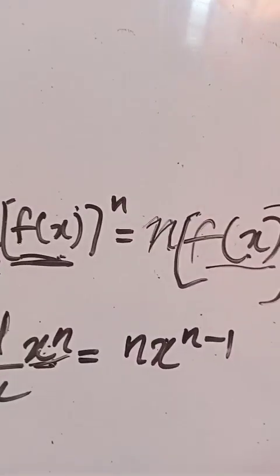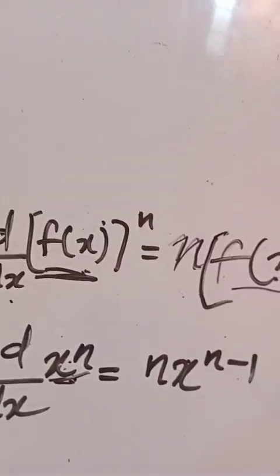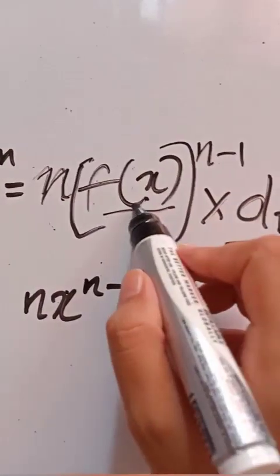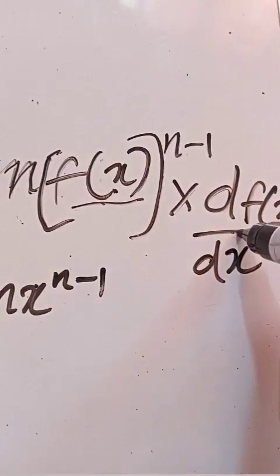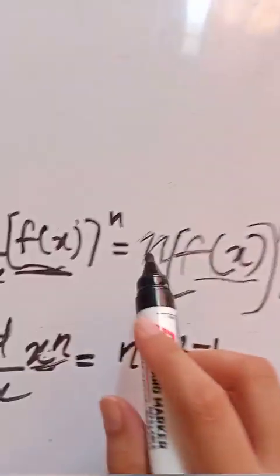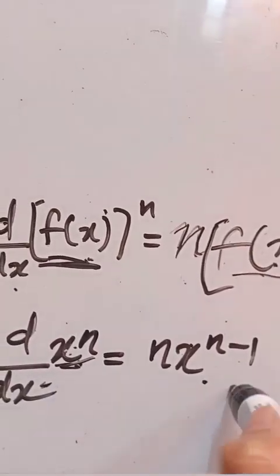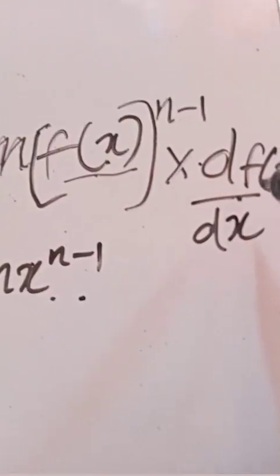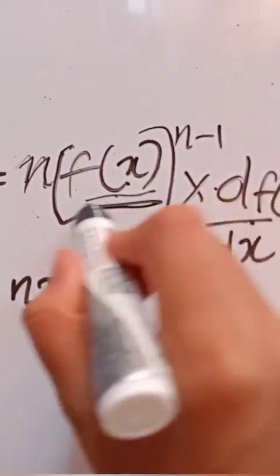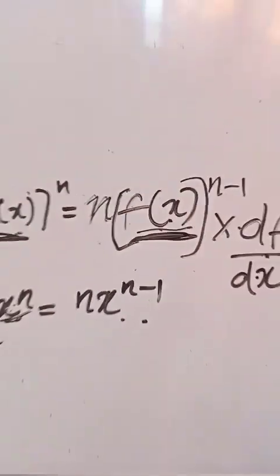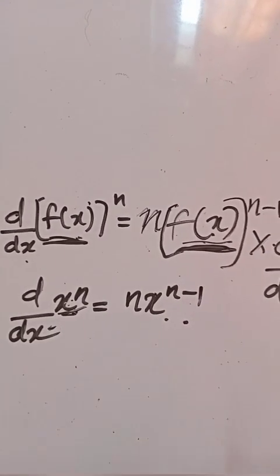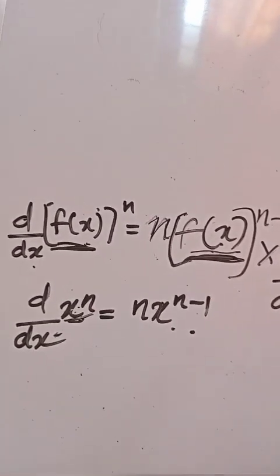So in the case of differentiation of a function, we have to again differentiate this function. So after differentiating using this formula, we have to differentiate the function inside once more. So this is the case of differentiation of a function.